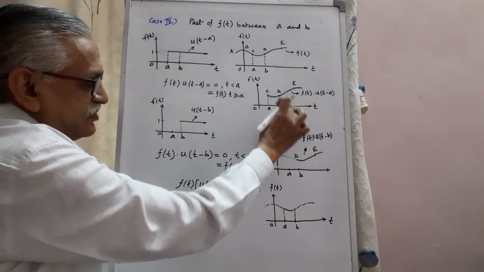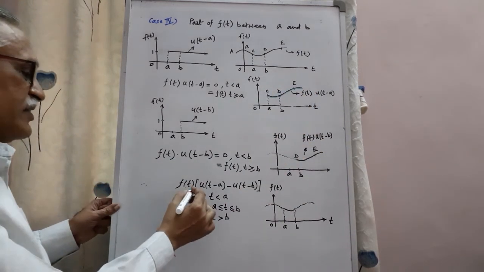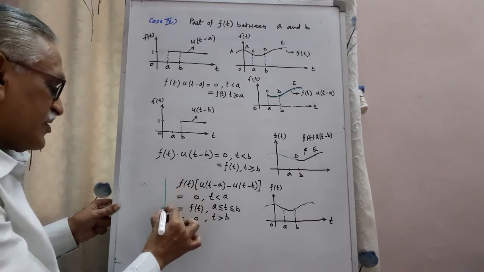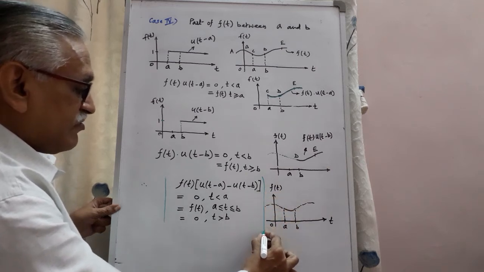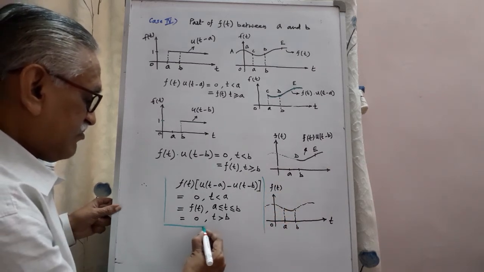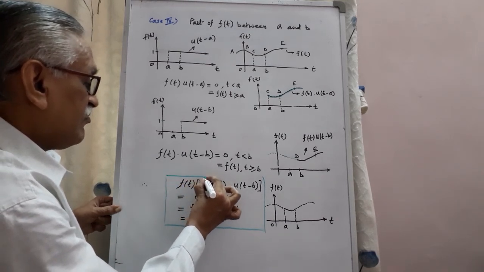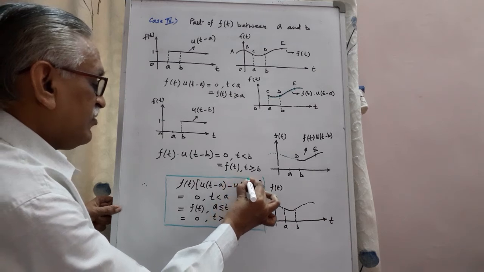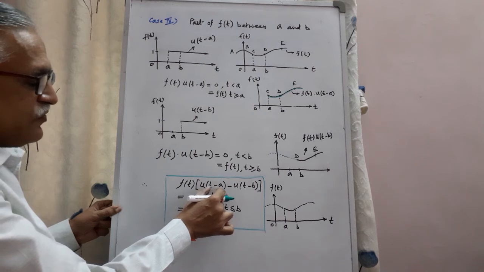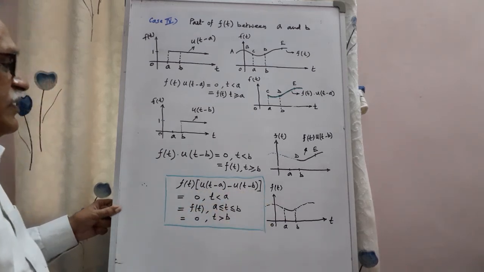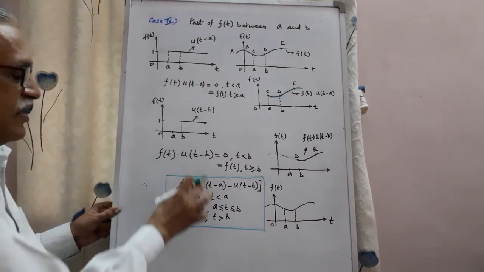We have to subtract this much portion from this part, and that is nothing but f of t multiplied by u of t minus a minus u of t minus b. Means from this we have to subtract this one.